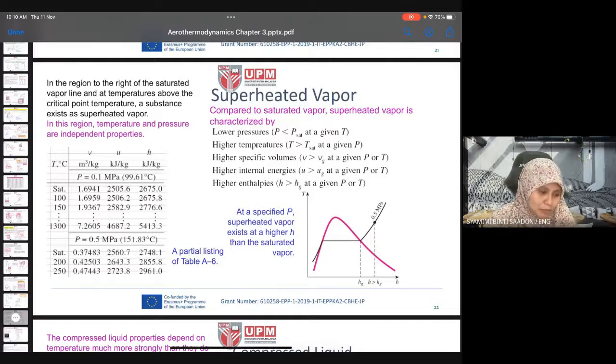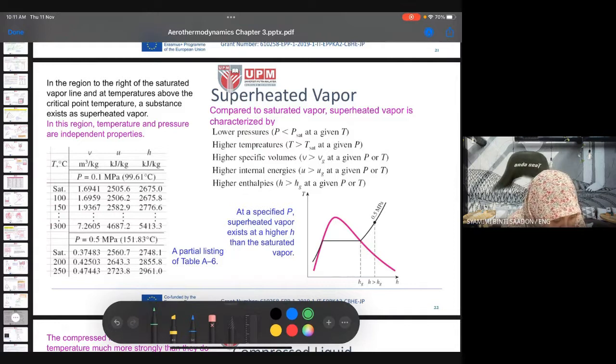Compared to saturated vapor, superheated vapor is characterized by lower pressure at a given T, or higher temperature at a given P. For example, if the saturated vapor is at this point, the superheated vapor can be at a pressure lower than the saturated pressure here.